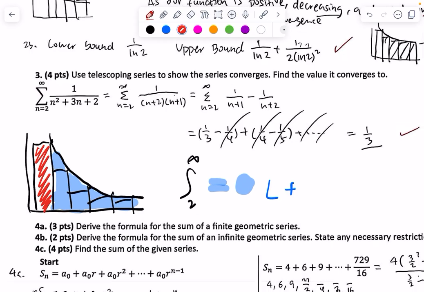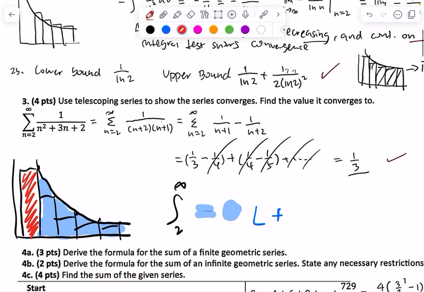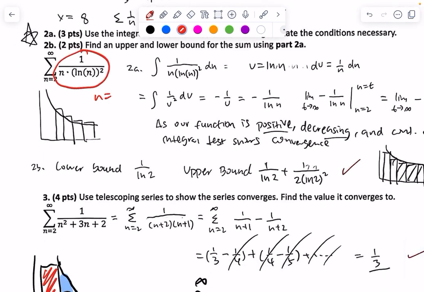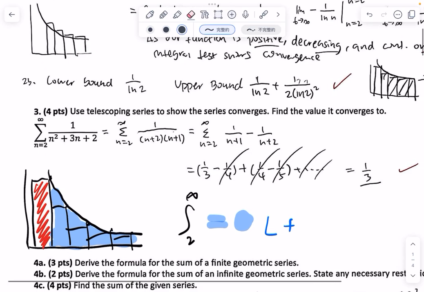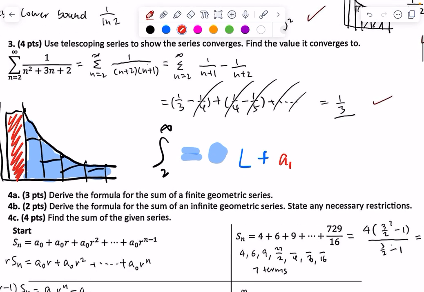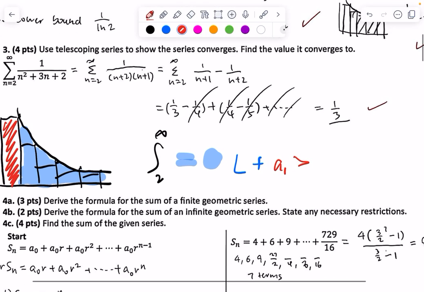And what is this little bit right here? This little bit is this when n is equal to 2, or in other words, it's our first term.